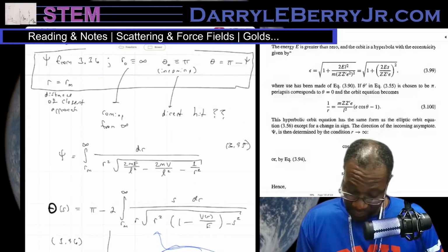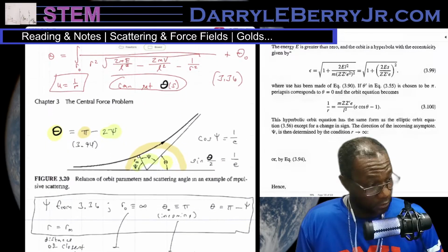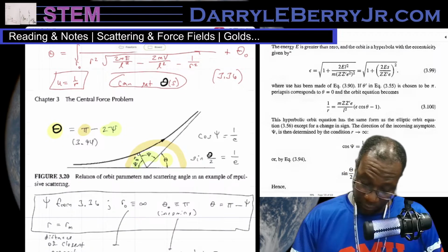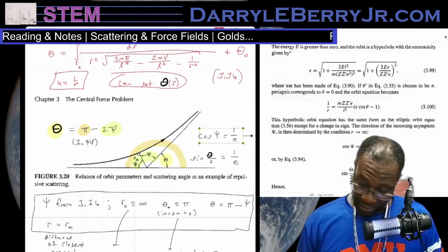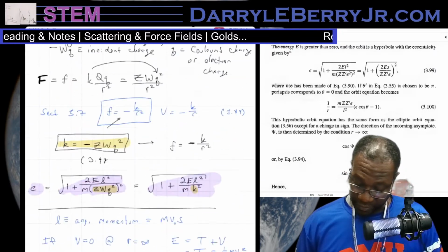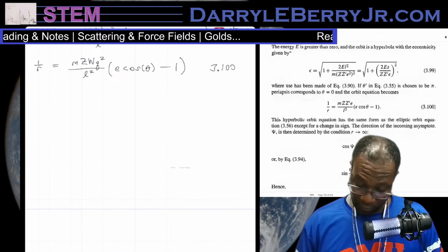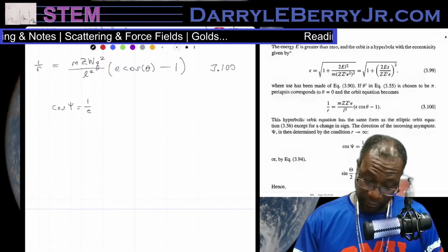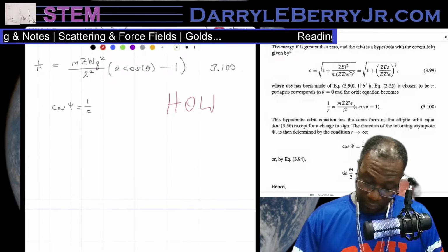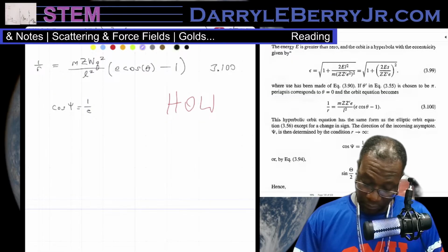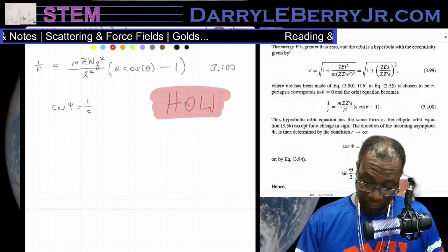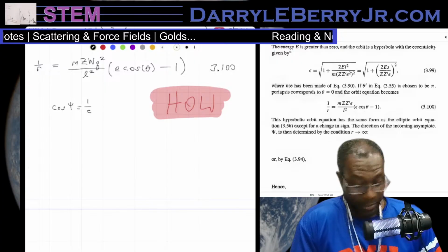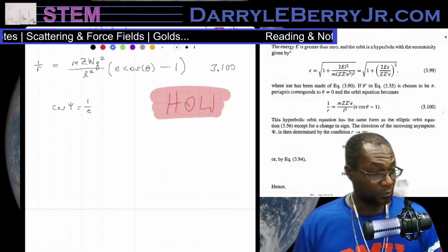So going back to here, cosine phi equals 1 over the eccentricity. And how this relates is in 3.94.